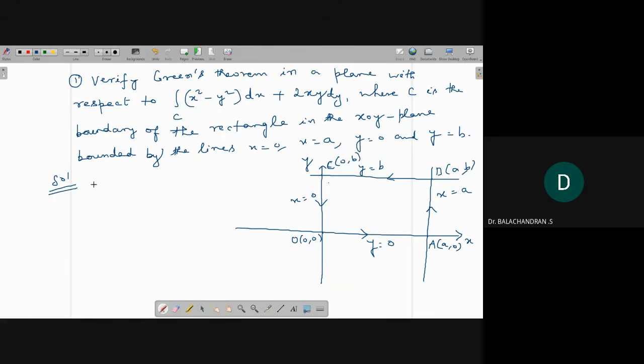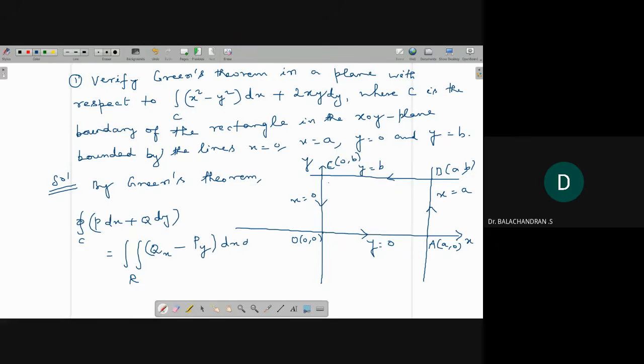So first write Green's theorem. By Green's theorem, the integral over C of P dx plus Q dy is equal to the double integral over R of dou Q by dou x, which I will write in short form Qx, minus dou P by dou y, Py.